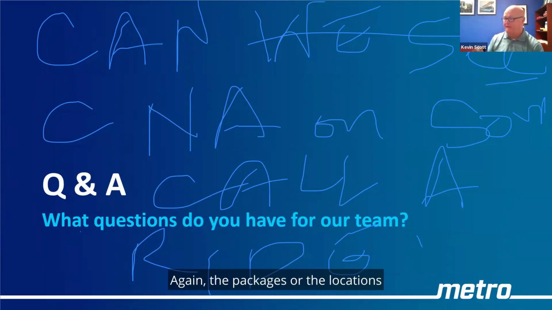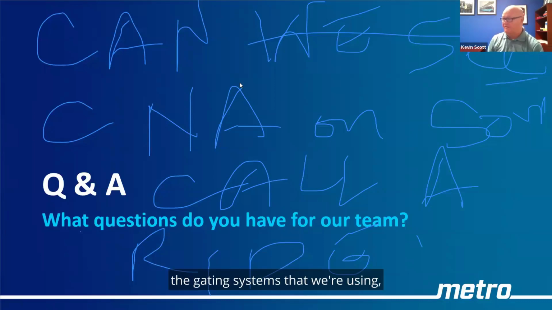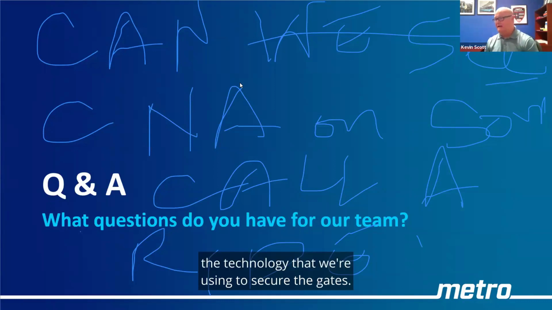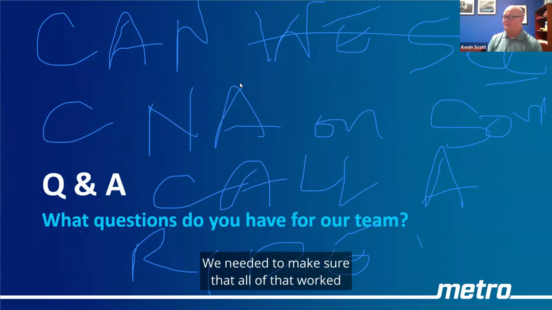The locations in package number 1 were chosen because they all presented some uniqueness that we would face across the system. We had to make sure that the gating systems and the technology we're using to secure the gates, and I can go on and on, all worked.